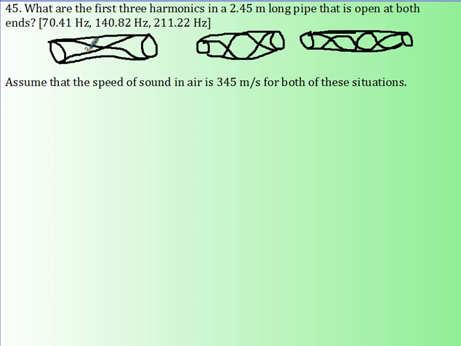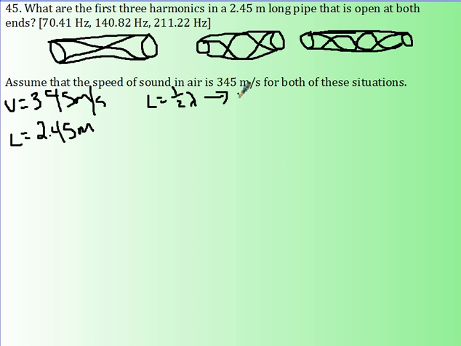So, in all three cases, V is 345 meters per second. For all of them, L is 2.45 meters. So for the first one, L is 1/2 of a wavelength. That tells me lambda is 2L.